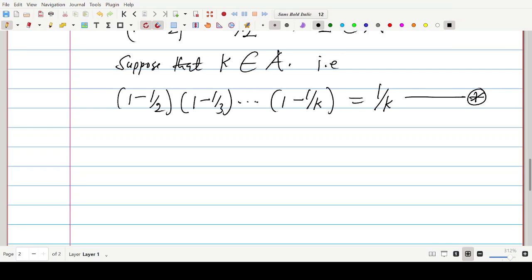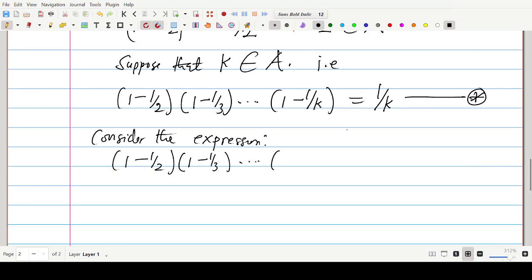Now, we can say consider the expression (1 minus 1 over 2) multiplied by (1 minus 1 over 3) until you get to (1 minus 1 over k), then (1 minus 1 over k plus 1).